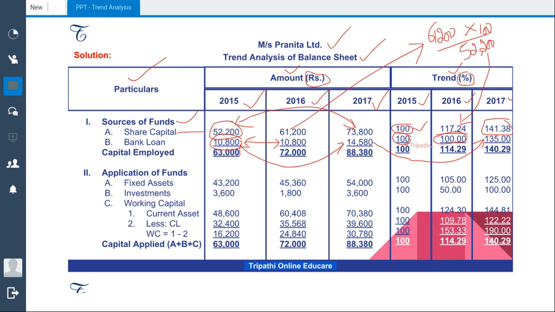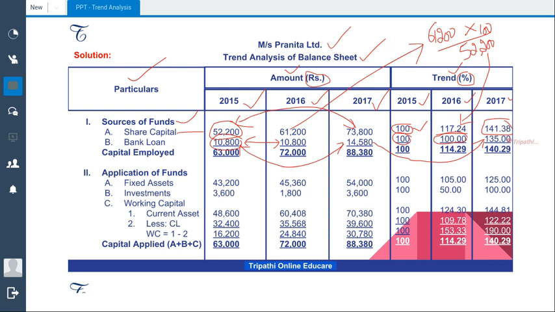Again, if you see, there is no change in the second year, but it is increasing in the third year, that is 2017. So what can you indicate? We can indicate that we are raising funds year by year.